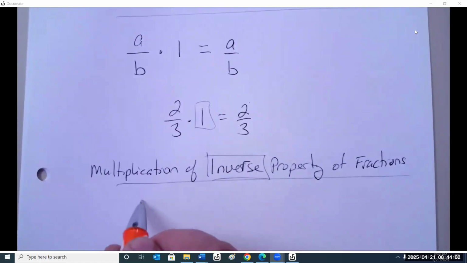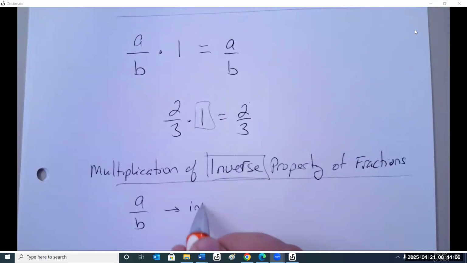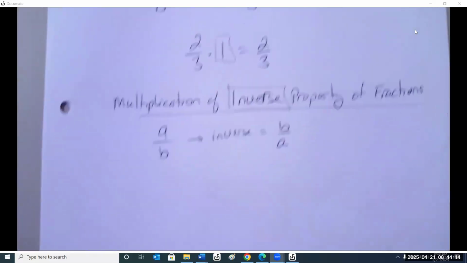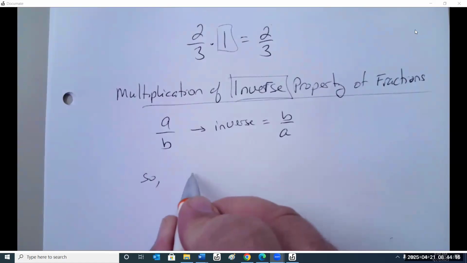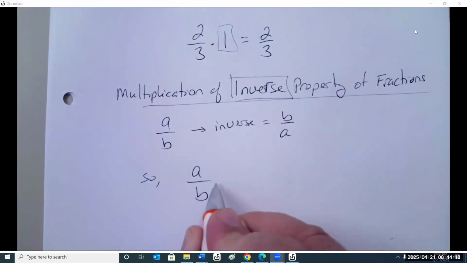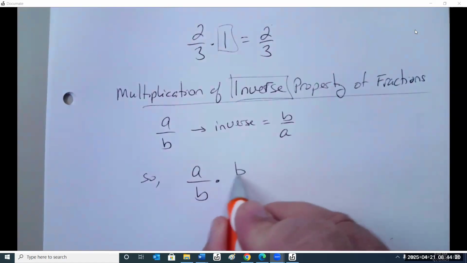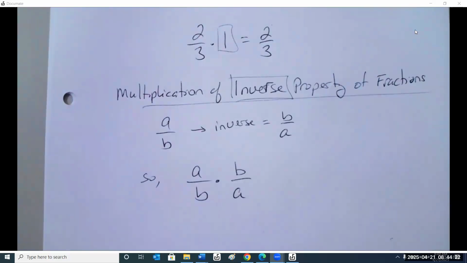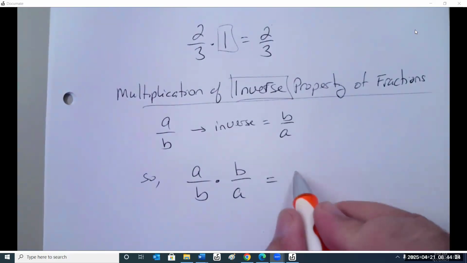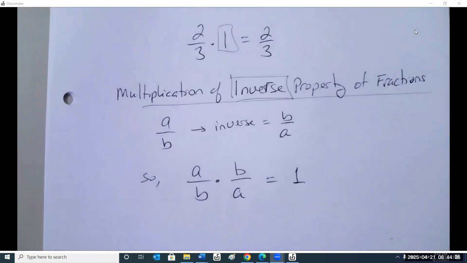For example, if A over B is a fraction, its inverse is B over A. So A over B times its inverse equals 1.